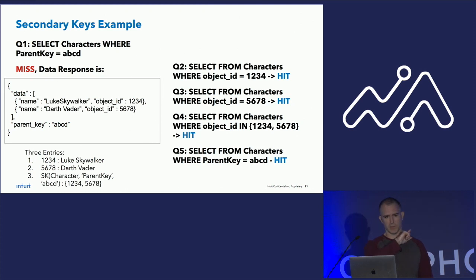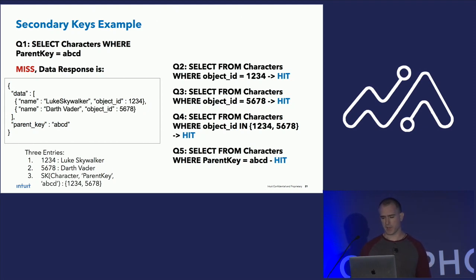We do this automatically inside of an SDK, where we always return parent key to support this. At that point, I can create those 3 entries: here's Luke Skywalker, 1, 2, 3, 4; here's Darth Vader, 5, 6, 7, 8. And then I can compute the secondary key set and map those 2 keys inside of it, right?